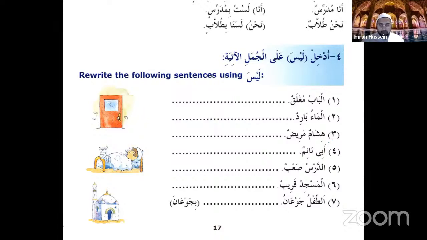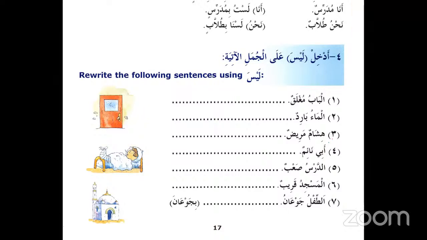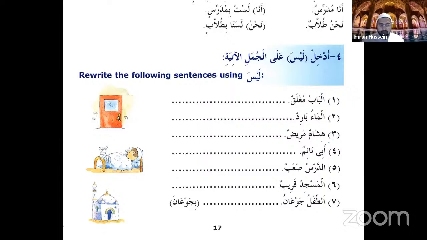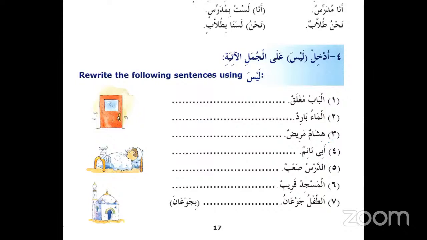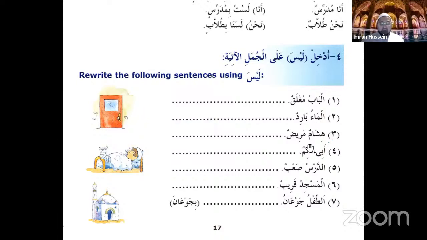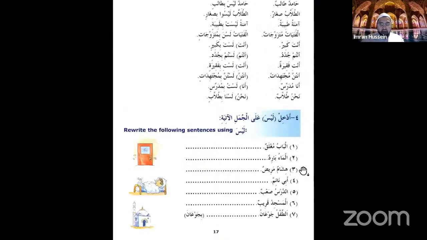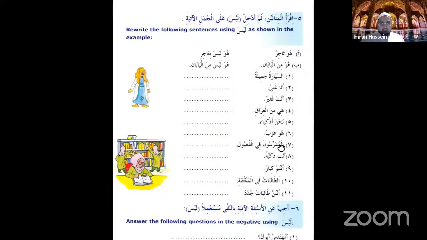Al masjidu qaribun. Laysa al masjidu qariban. Correct. At-tiflu jawano. Laysa at-tiflu jawana. It is a diptote noun, so it doesn't take the two tanweens. Correct. Thank you.